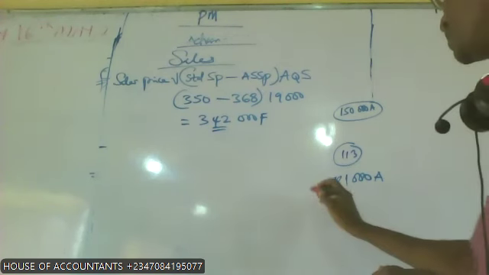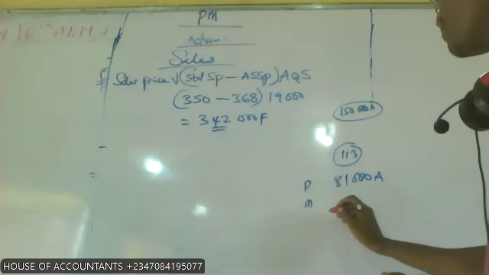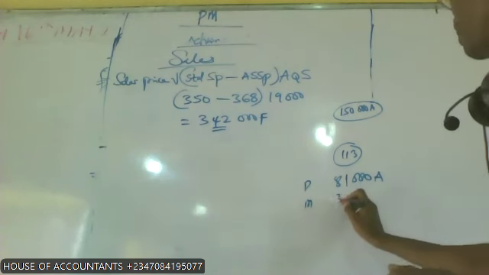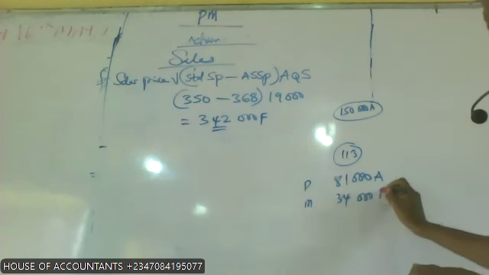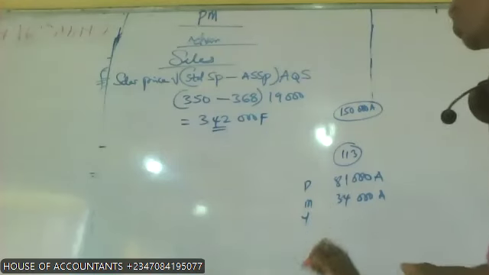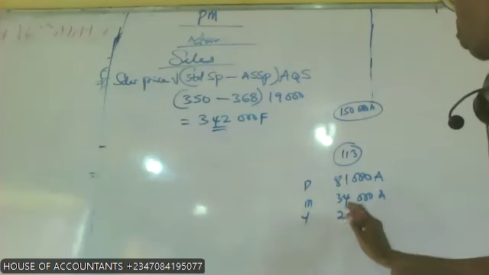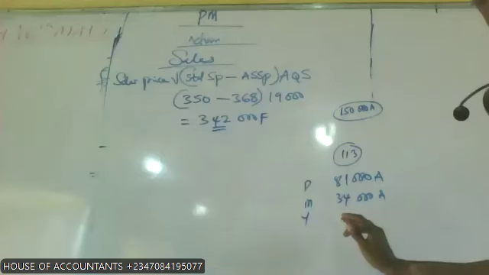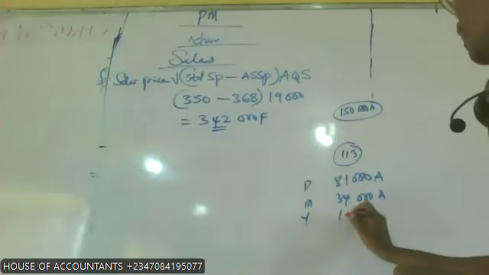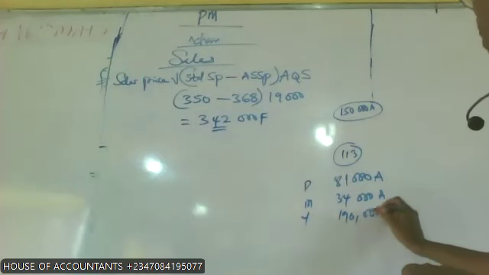This is price. The mix, 34,000, adverse. How about yield? 190,000, adverse.